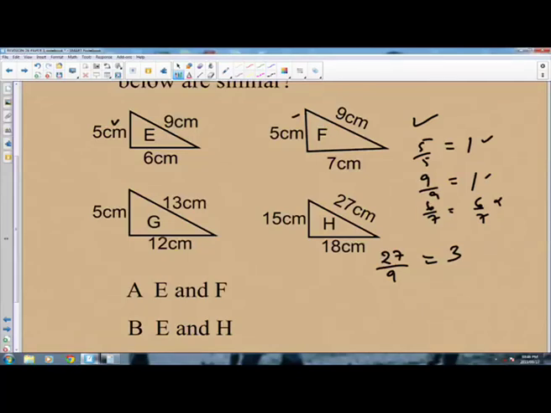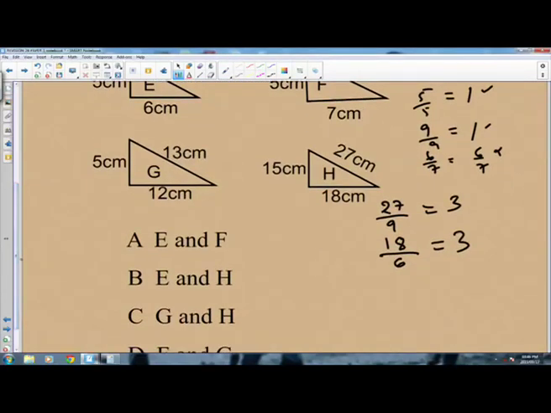Since in the first part we started with the side for triangle H, which is 27, and ended with the side in triangle E, which is 9, we will have 18 divided by 6. And 18 divided by 6 is 3.